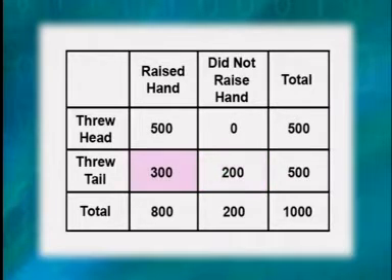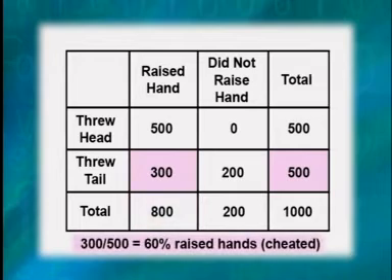So 300 people raised their hand and threw a tail, you see? Because if 800 people raised their hand and 500 people threw a head, then that means 300 people who raised their hand had thrown a tail and also raised their hand. Is this clear? So that means that 300 out of the 500 people who threw a tail raised their hand.